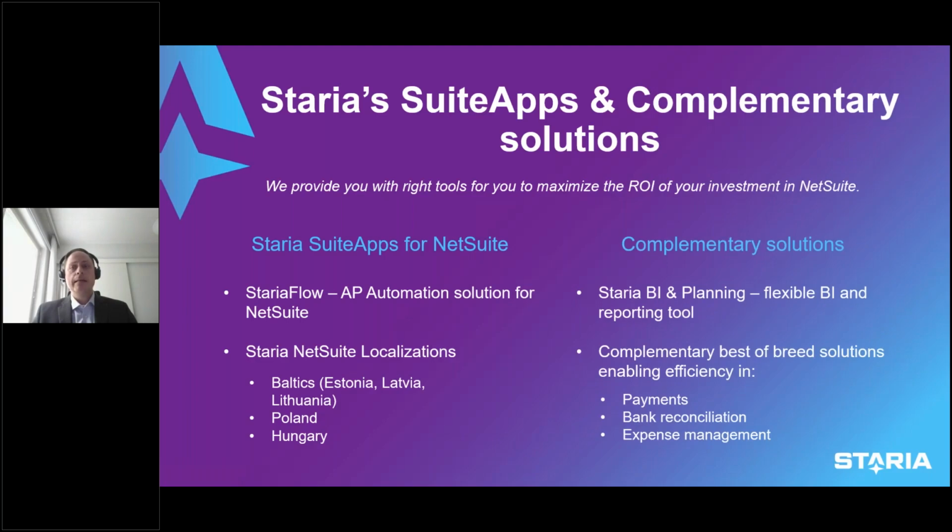Localizations are basically designed to perform specific financial operations and processes by specific country requirements. So we have designed localizations to support our customers' journey in the NetSuite environment in these particular countries. As a complementary solution, something to highlight here, we have the Staria BI planning solution, which is a flexible, agile BI and reporting tool for our customers.